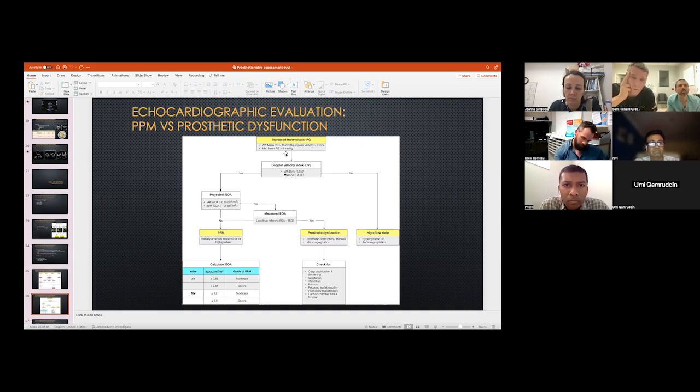And I stole that from echo exercise stress testing, where they have 15 as the magic marker where they talk about functional mitral stenosis. If you've got a thickened mitral valve and someone gets short of breath with exercise, if you do an exercise stress test on them and their mean gradient goes above 15, they talk about functional mitral stenosis.